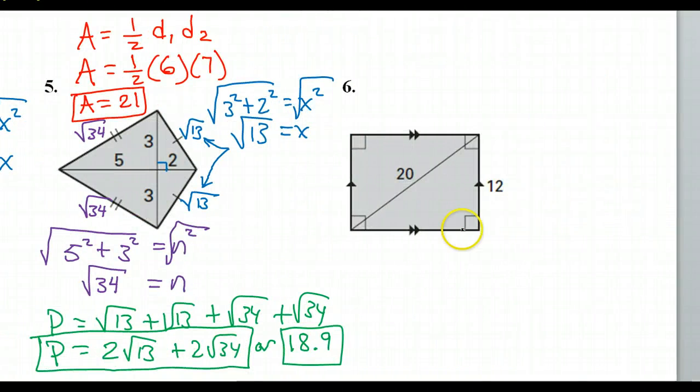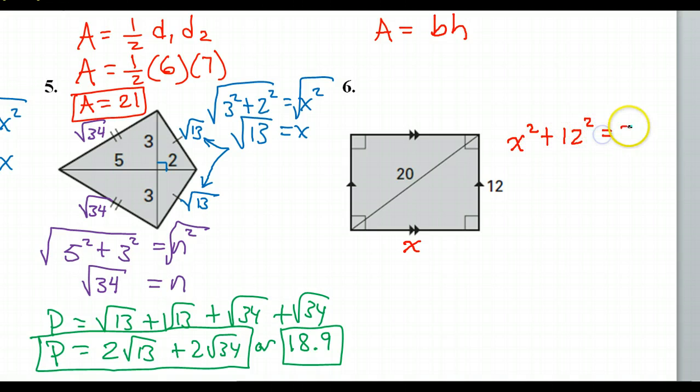Let's take a look at number 6. Alright, let's go for the area. Okay, this is a parallelogram, so the area is equal to the base times the height. However, we have the height, but we don't have the base yet, so Pythagorean theorem. So say if I call that x, then that's going to be a squared plus b squared equals c squared. Notice the 20 is the c, so this would become x squared plus 12 squared is equal to 20 squared.